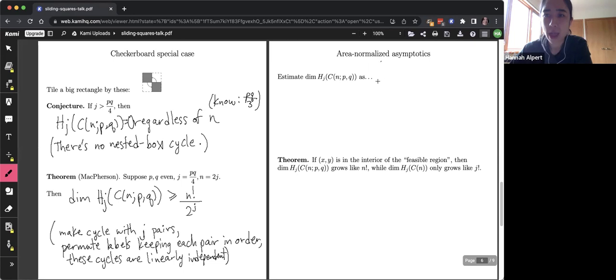So I'm going to have N over P times Q, and J over P times Q, each approaching some constant limit.